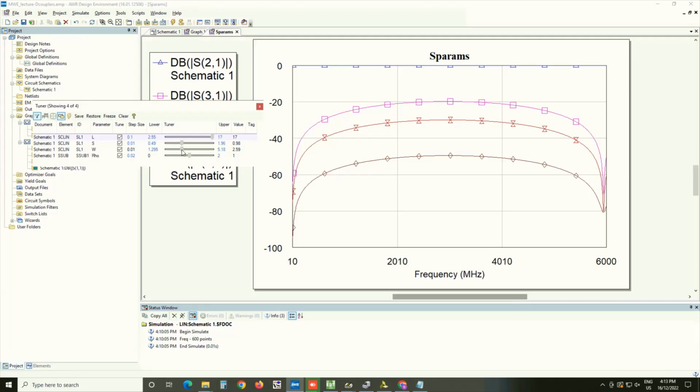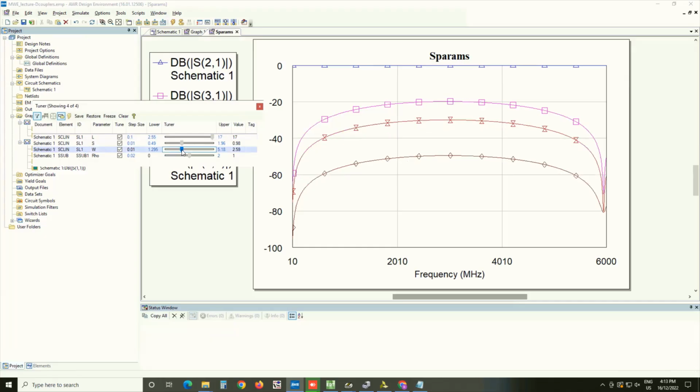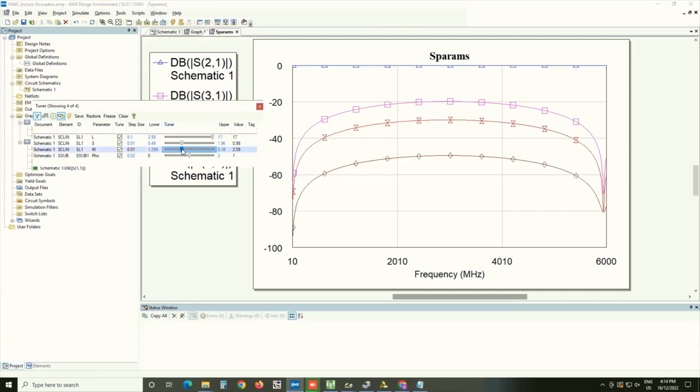So let's play with the width here. I'm decreasing the width and I'm looking at these parameters. Actually, let's go back and let me freeze these traces so that we can look at this as a reference. Okay. So it's getting better.